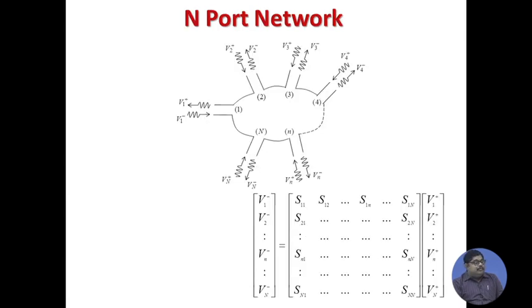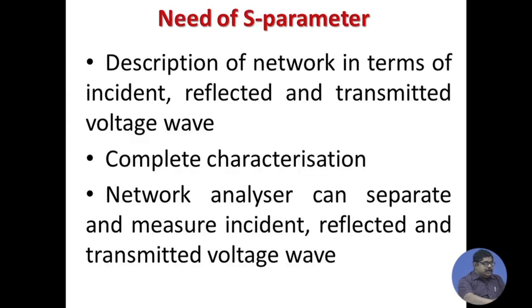That is why in microwave frequency this S parameter or scattering parameter is quite popular. At lower frequency you have other parameters: Z, Y for active devices like transistors, H or G, and for cascading of networks ABCD, those are popular.